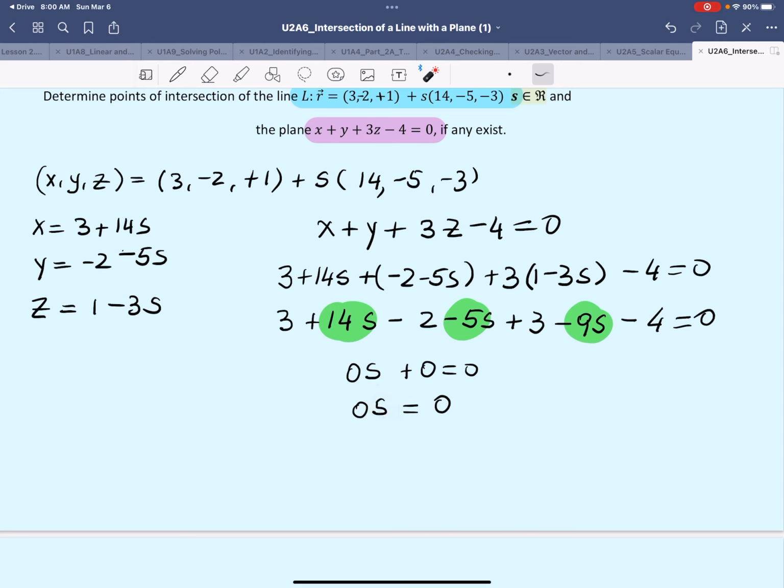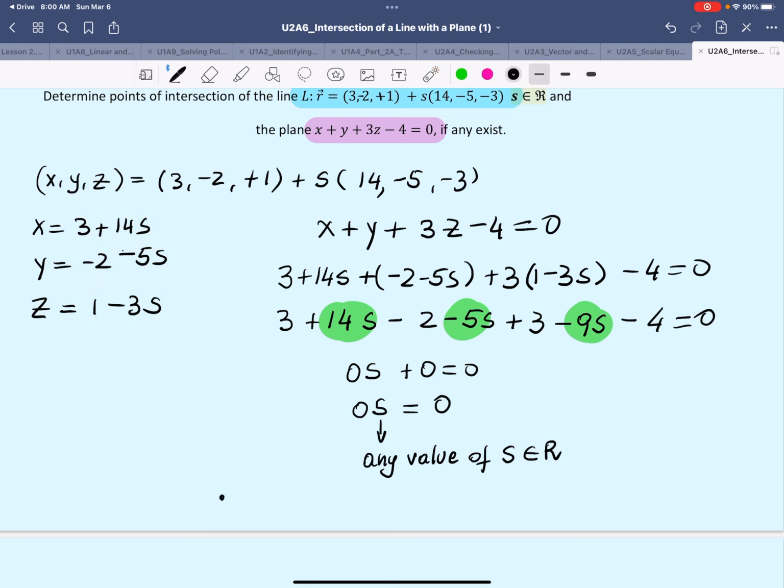So if s equals 1, 0 times 1 is 0. If s equals negative a million, 0 times negative a million is 0. So we're going to say that this equation is true for any value of s, which means that there will be an infinite possible values of s that can help us find the coordinates x, y, and z for the intersection point.